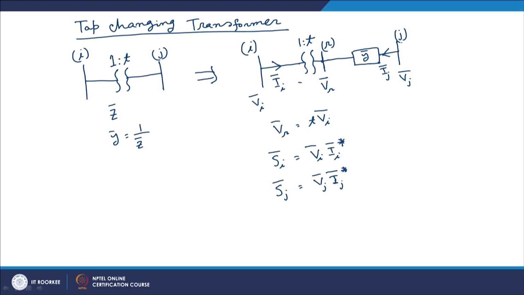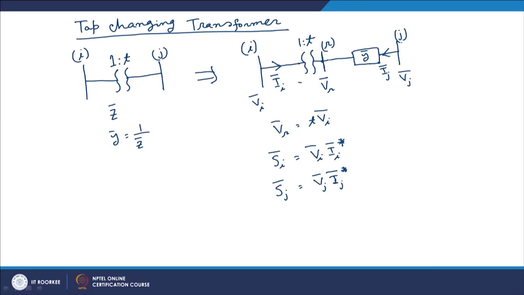That means it does not have any internal impedance. Therefore, the total complex power at the primary side of this transformer would be equal to the total complex power at bus R.